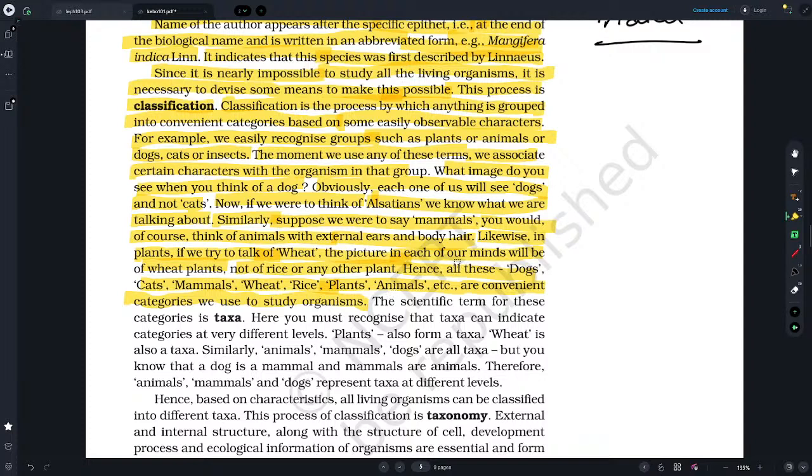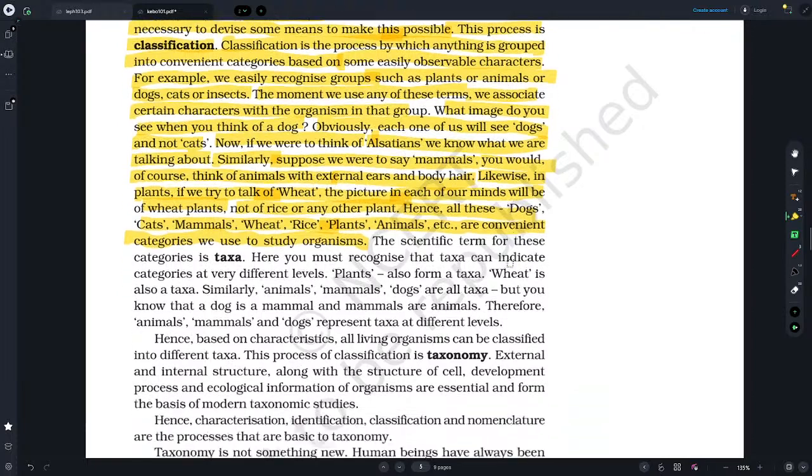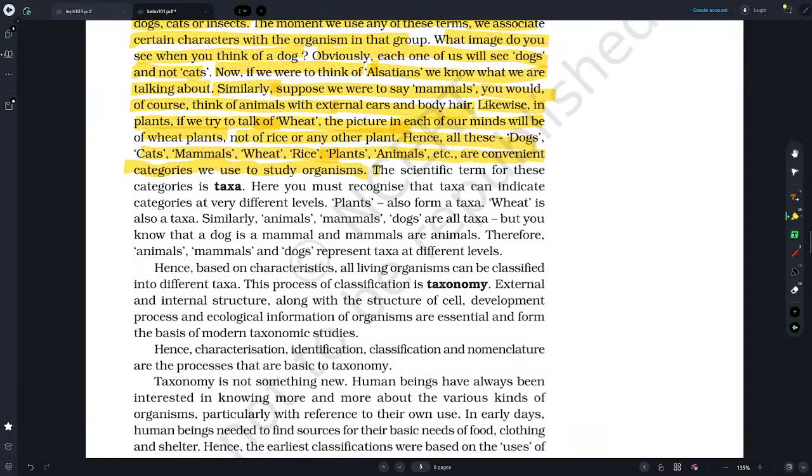Instead of naming every single one of the 1.7 million species as a single type of organism, we can group them under animals, plants, fungi, monera or bacteria, or protozoans. The scientific term for these categories is taxa.